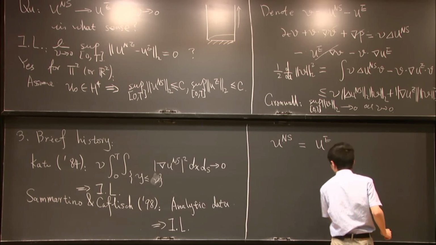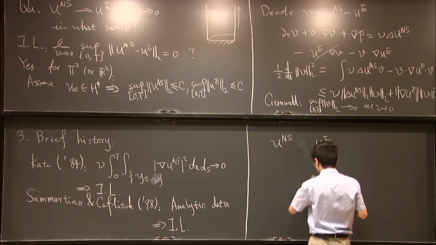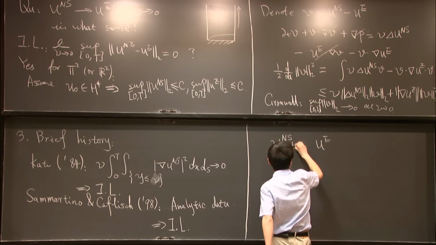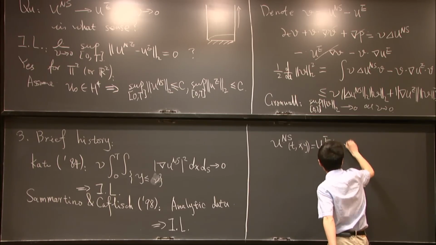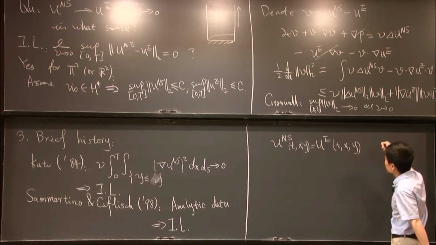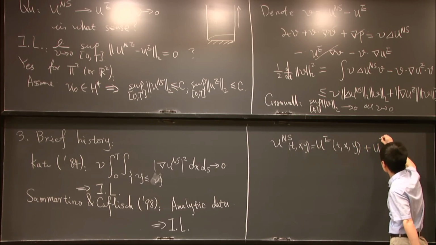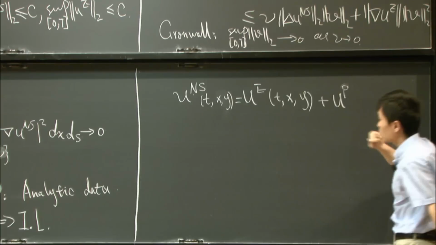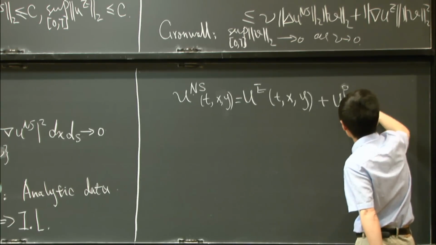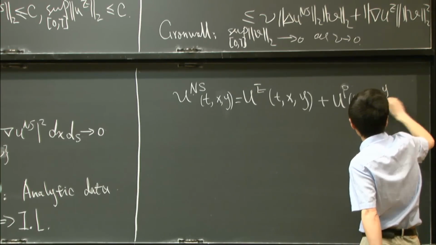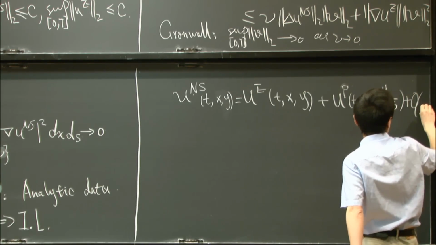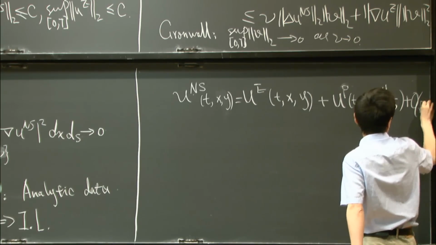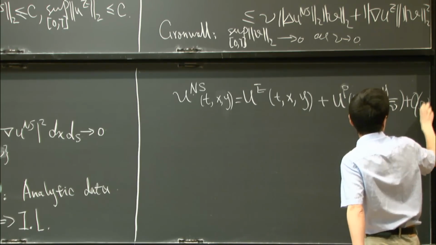Here, I'd like to write the variable here. So this u(t,x,y) is equal to Euler equation u(t,x,y) plus this Prandtl solution, u(t,x,y/√ν), plus some term of the order of √ν.